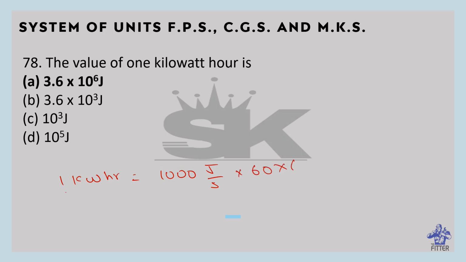Into 60 into 60, we are converting hours into seconds. So seconds get cancelled. 60 into 60 equals 3600, into 1000 joules. So 3.6 into 10 to the power of 6 joules.